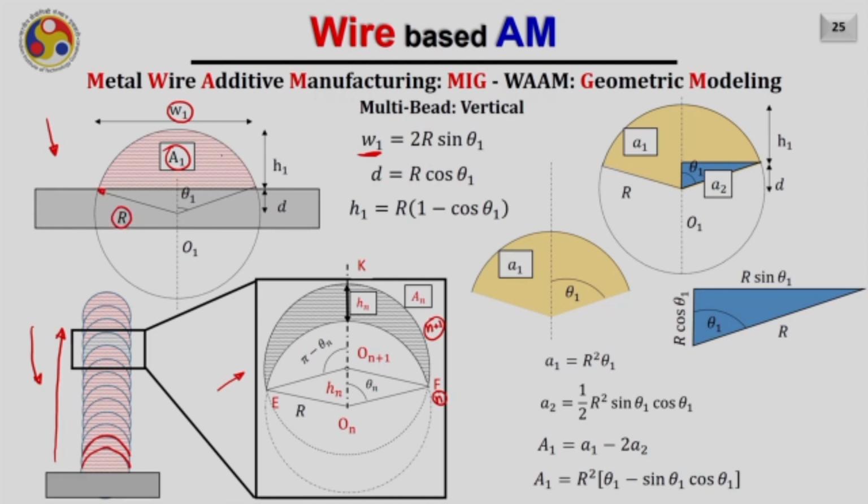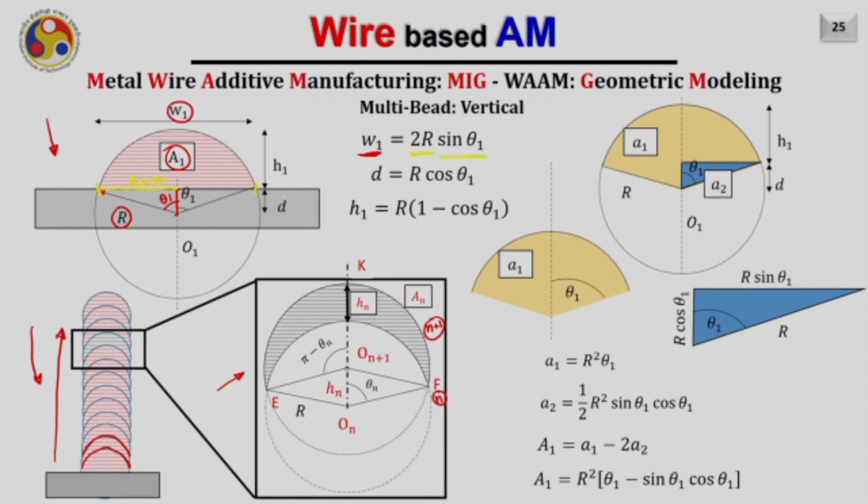Its two components: R cos theta 1 is the distance from here to here, while the distance from here to here is R sin theta 1. So if this distance is R sin theta 1, then the distance W1 will be equal to 2R sin theta 1.